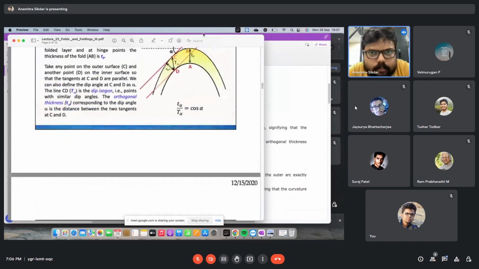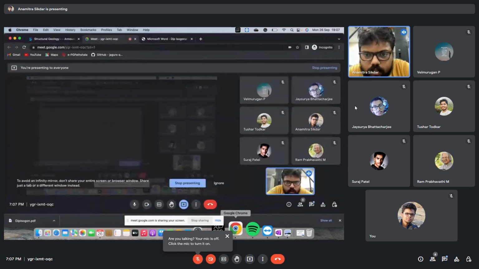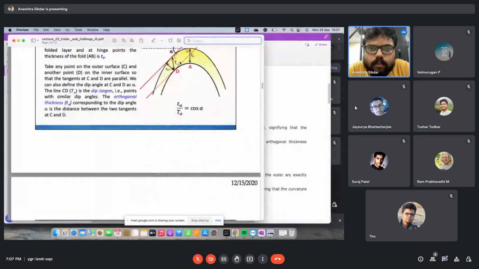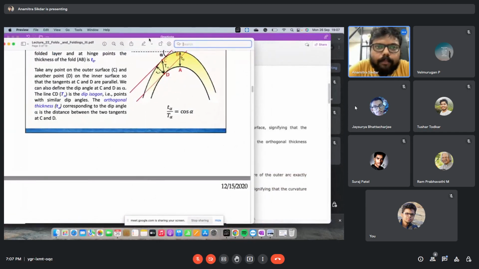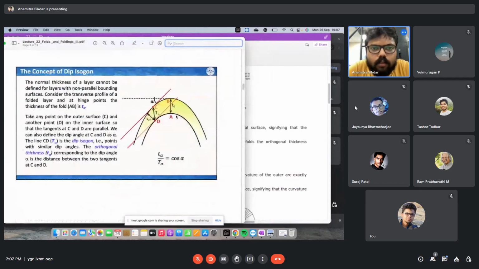Okay. Yes. So actually, in this case, the figure that is shown in the PPT, here the T alpha is defined to be the dip isogon, right?